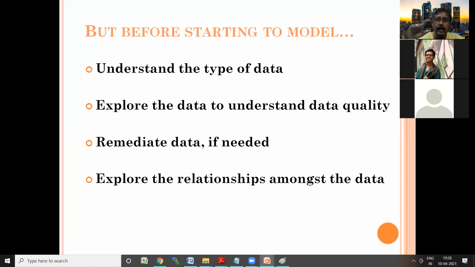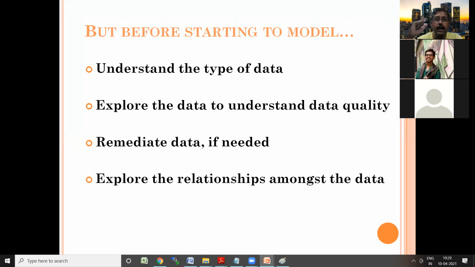There are certain things which we need to understand. One of the most important things is how critical a particular predictor is to find the value of the target variable, or to find the label value, right?